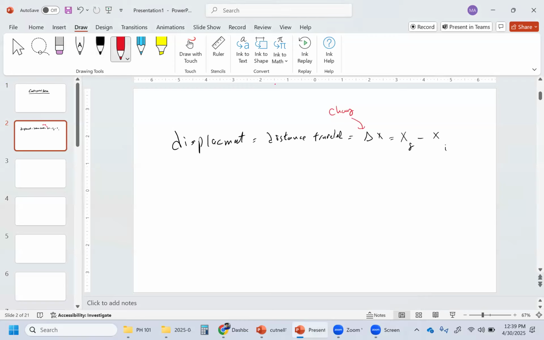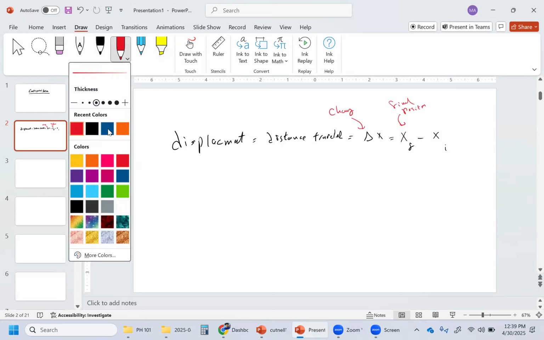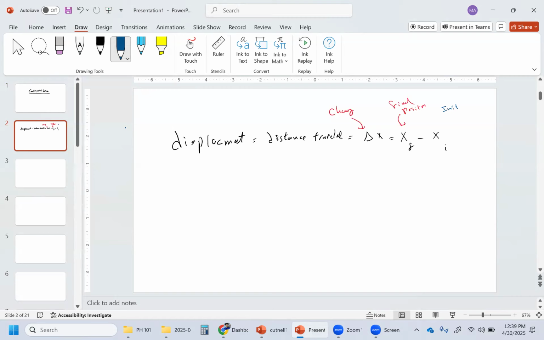So this is our final position, and this is our initial position, xi. And we gave it the letter D.